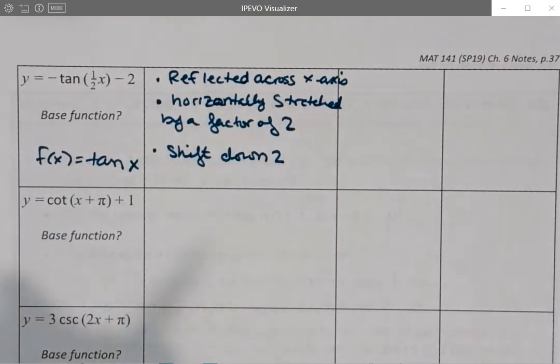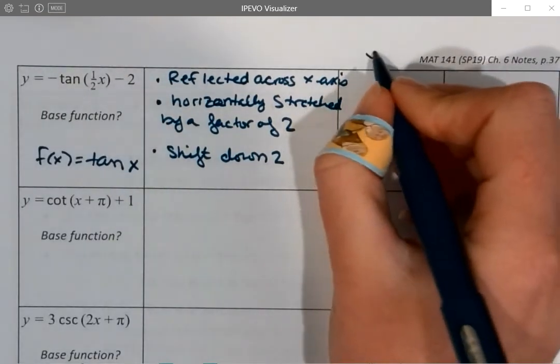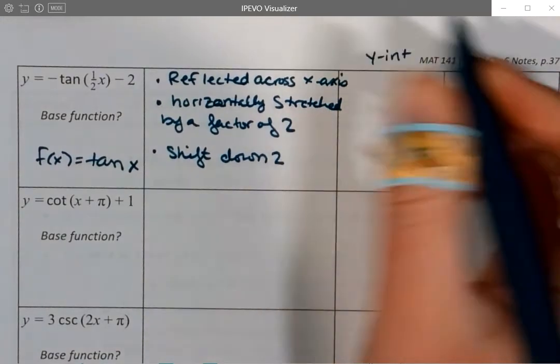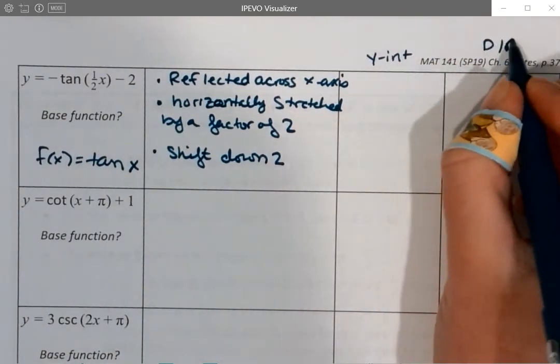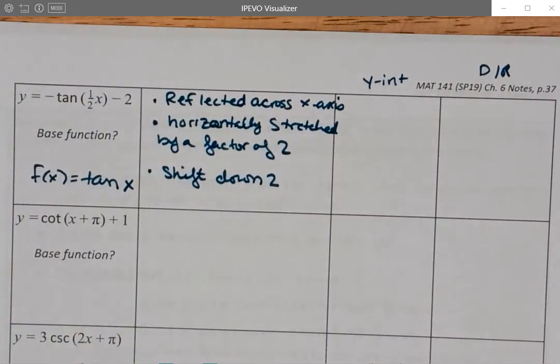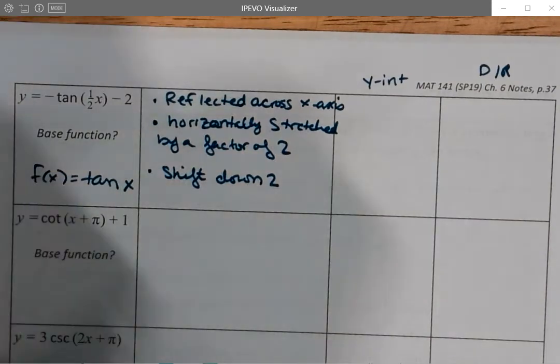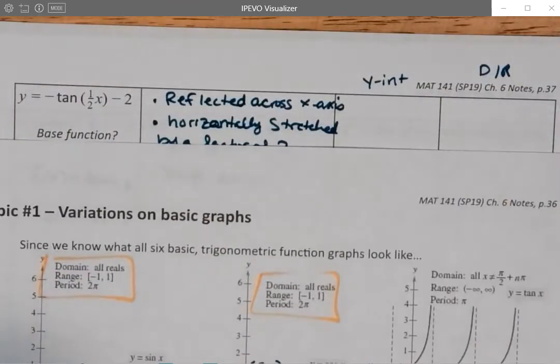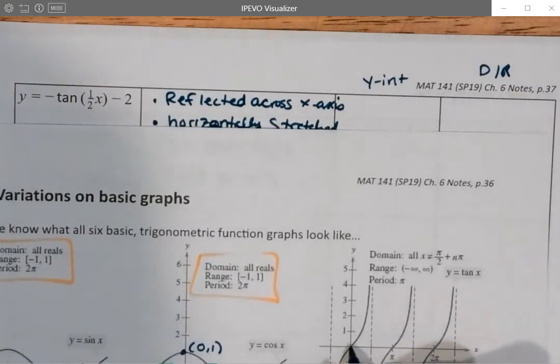Okay, I have to look back at my previous page just to remember what that next column is supposed to be. It is our y-intercept. I'm just going to label that. That's the y-intercept. And this is the domain and range. Okay, so the y-intercept of tangent. We also want to look back at our previous page to recall that the y-intercept of the base graph of tangent is (0, 0).